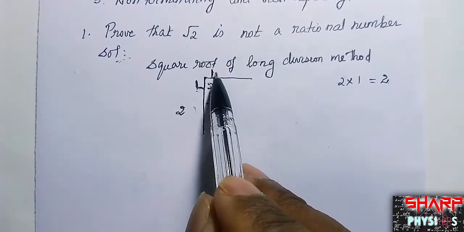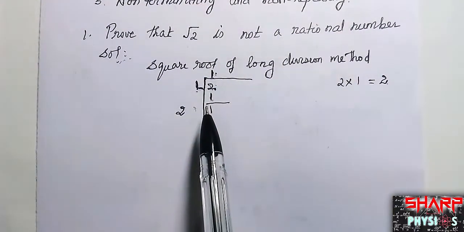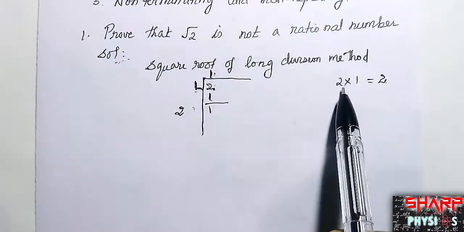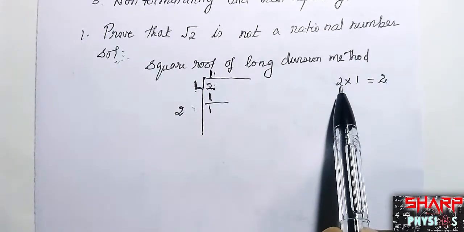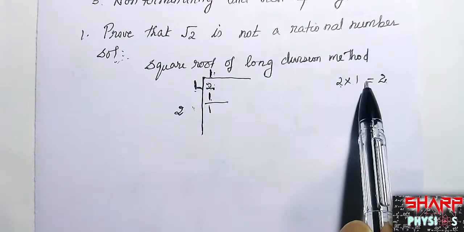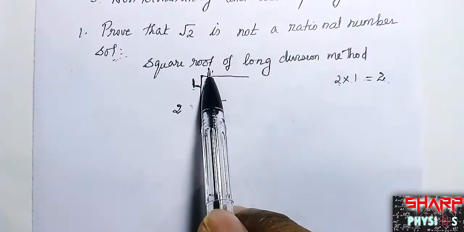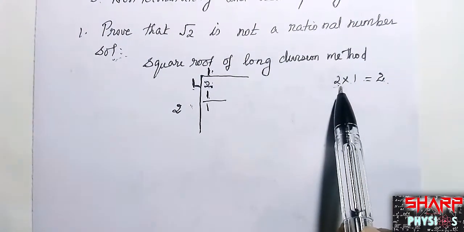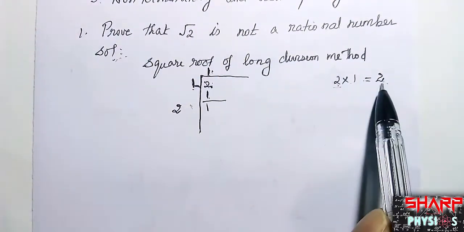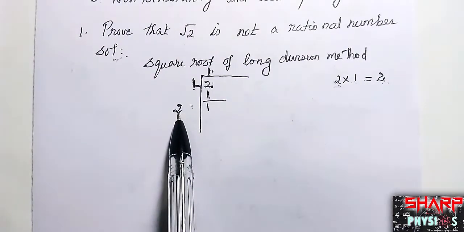Since it's a square root, you have to use 2 into the numerator. 2 into the numerator 1 is equal to 2. Whatever is in the numerator, you have to multiply by 2. So you get the value 2, and that value you have to write as the first digit.